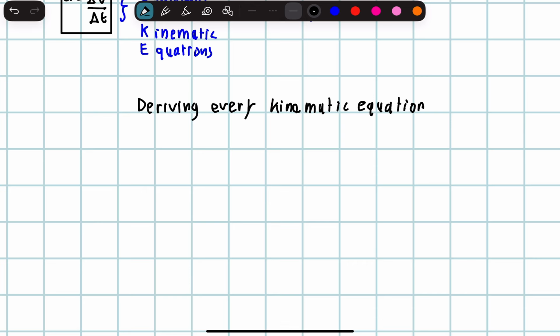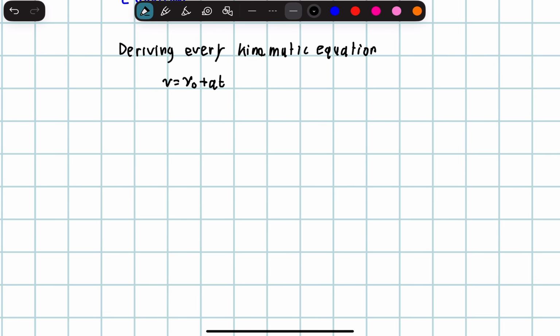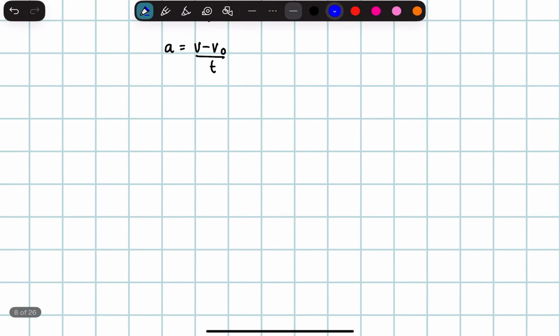Now, we can start off with v is equal to v initial plus at. To get this, we can start from the definition of acceleration, which is velocity minus the initial velocity, over time. After this, we can multiply both sides by t, and we're left with.